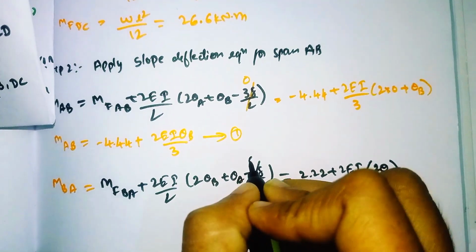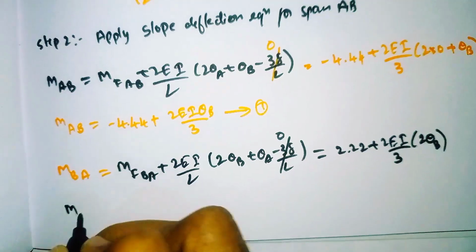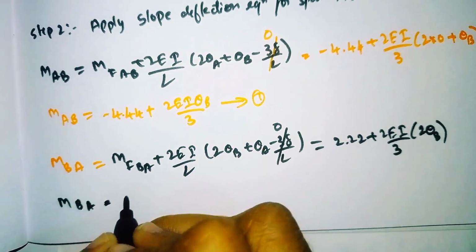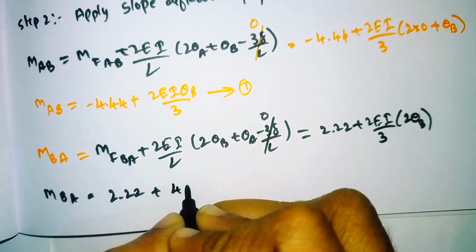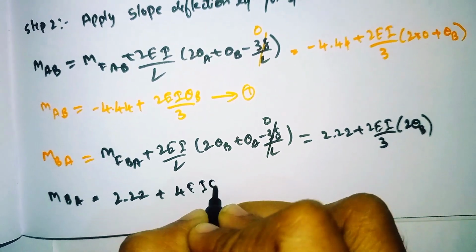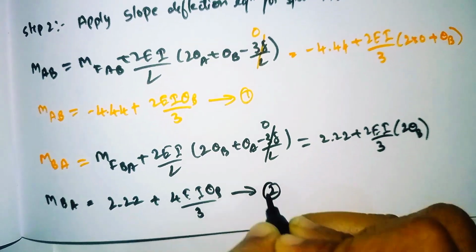Again the deflection value is not given, it becomes 0. So simplify this: MBA is equal to 2.22 plus 4 EI theta B divided by 3. Call it equation number 2.